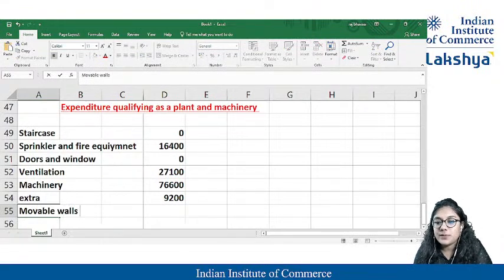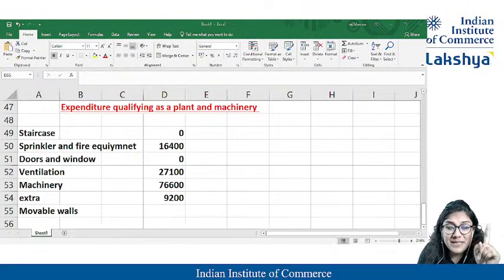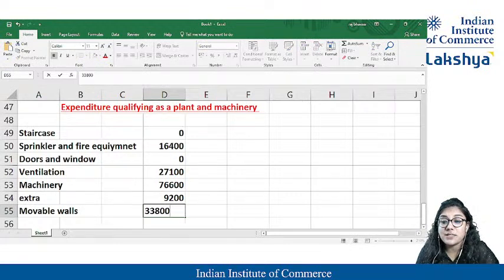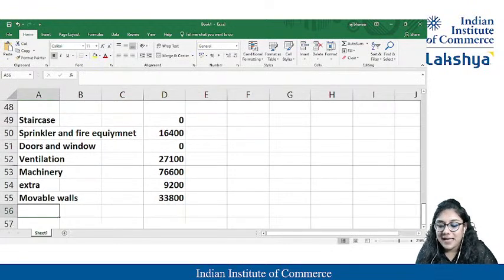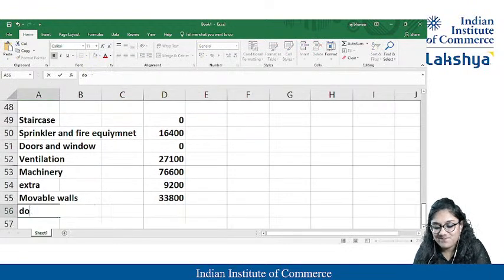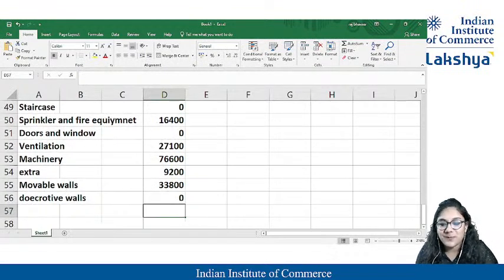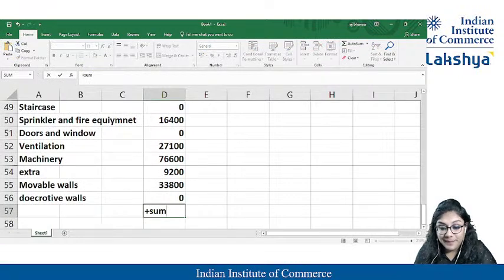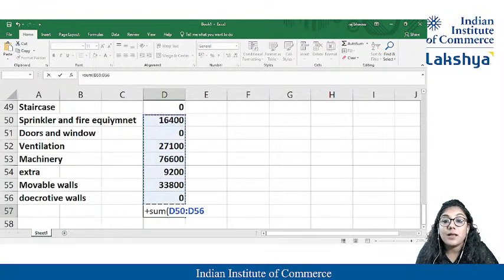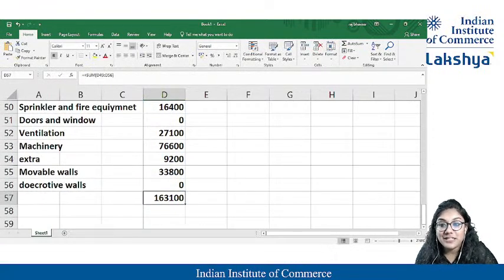Students, it is not a building, it is a machinery. Please take these things into consideration. And the last, decorative walls. That is wall only, so it will not be machinery, it will be building only. So it's 0. Now I can sum up and write this is my total cost of plant and machinery.